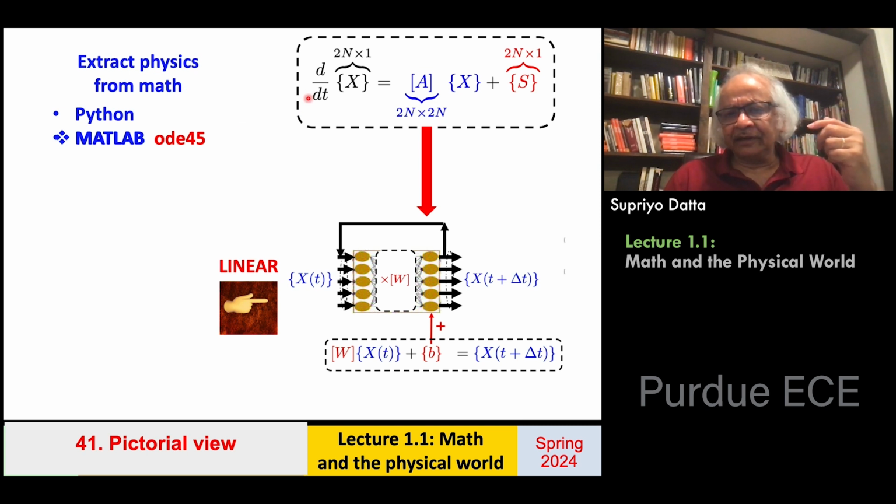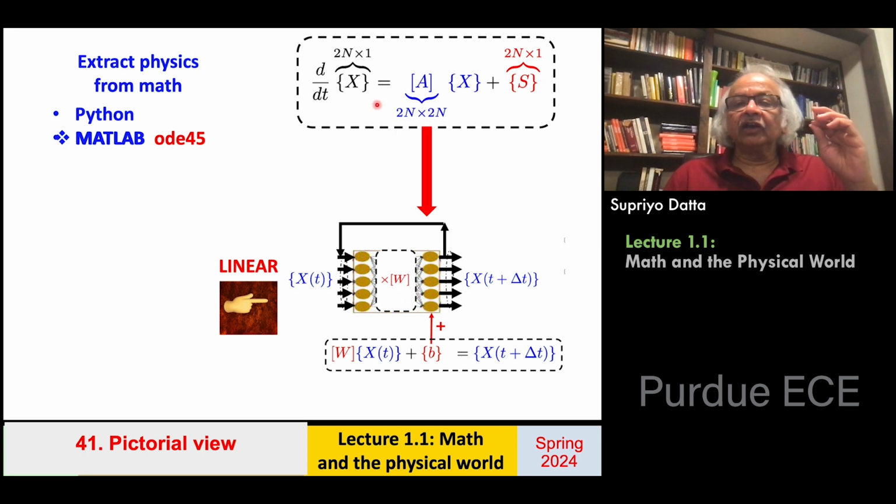But if you wanted to solve it yourself, you turn this d/dt operator and break up the time axis into little steps of delta t, and write that equation in this form, where given x at time t, you multiply it by a matrix W to get x at time t plus delta t. So that source term becomes this b that you add to it, and this Ax becomes this Wx.